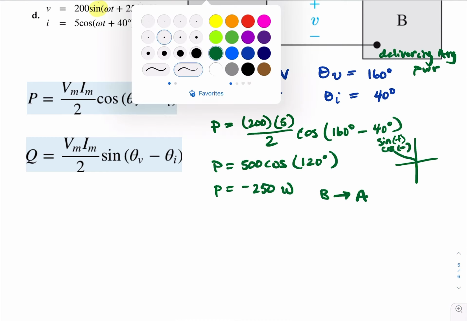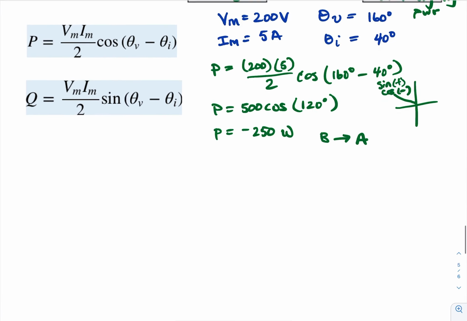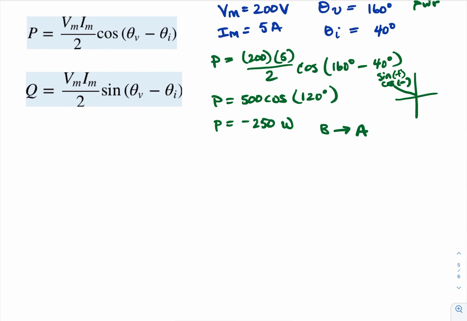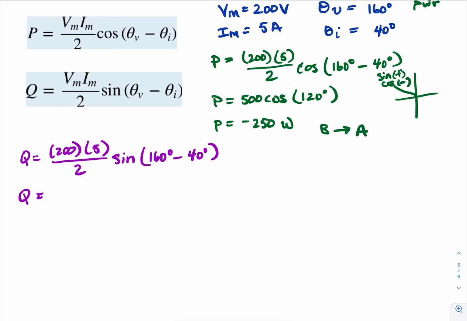All right, now let's take a look at reactive power. So Q is equal to V sub m, which is 200 volts, times I sub m, which is 5 amps, divided by 2, times sine of theta sub v, which is 160 degrees, minus theta sub I, which is 40 degrees, and Q is equal to 500 sine 120 degrees.